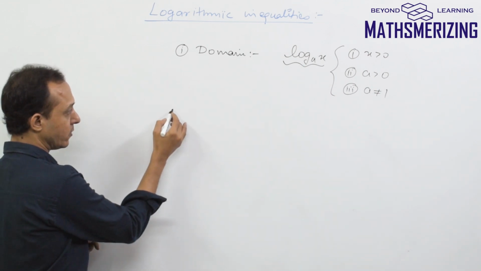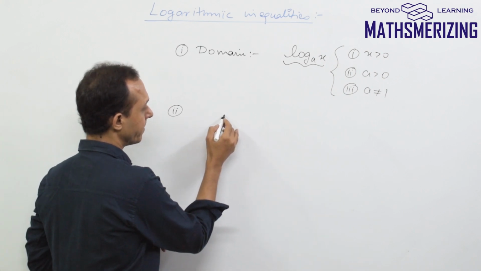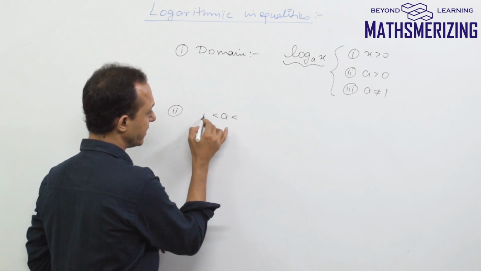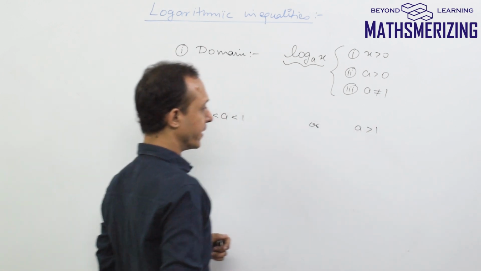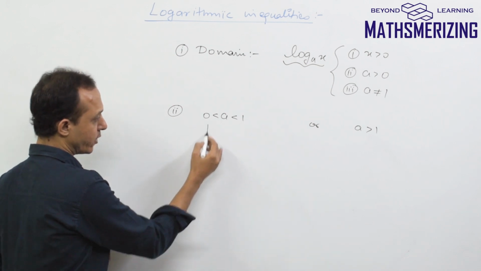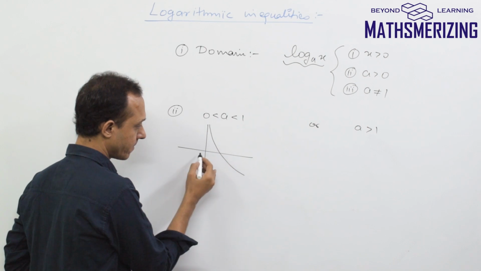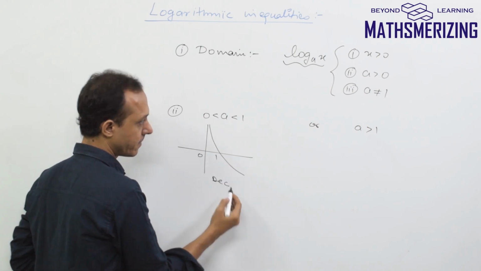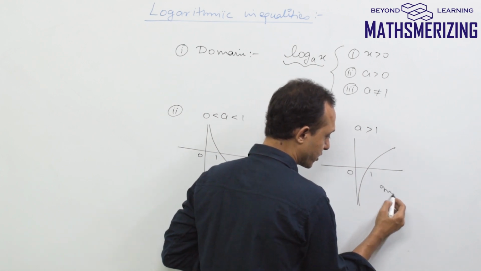And the second thing that I need to take care of is I need to identify whether the base lies between 0 and 1 or base is greater than 1. When the base lies between 0 and 1, log x is a decreasing function. And when base is greater than 1, then log x is an increasing function.